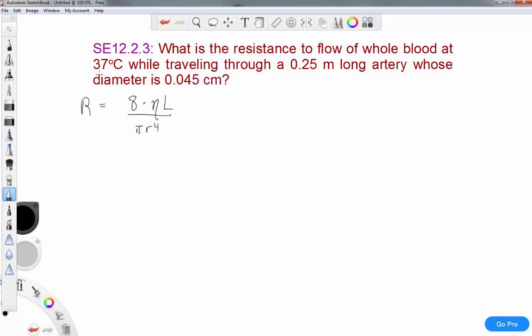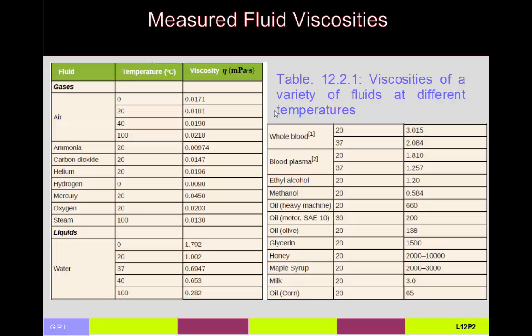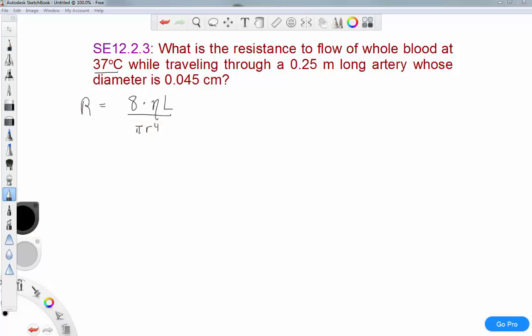So we need to get the viscosity at 37 degrees C, which is roughly your internal body temperature, for whole blood. Looking at the table here, we see that whole blood at 37 degrees C has a viscosity of 2.084 millipascal seconds. So basically R is 8 times 2.084 times 10 to the minus 3 Pascal seconds times the length, which was 0.25 meters.